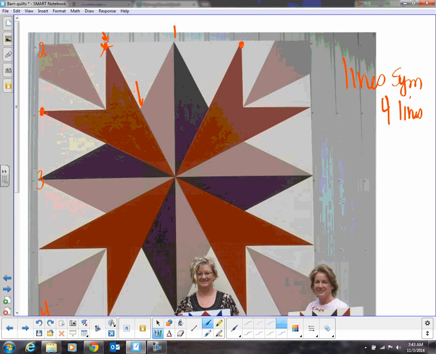So, yes, it does look like 90. But let's just double check. This would fall here. That's 1. There's 2. There's 3. There's 4. So it has 90-degree rotational symmetry. Okay? After it's colored, does it have line symmetry anymore?